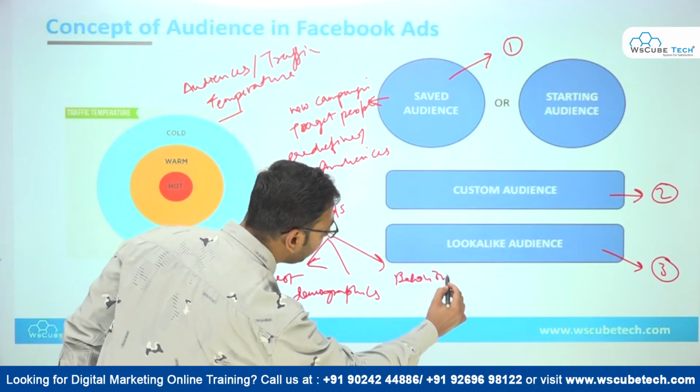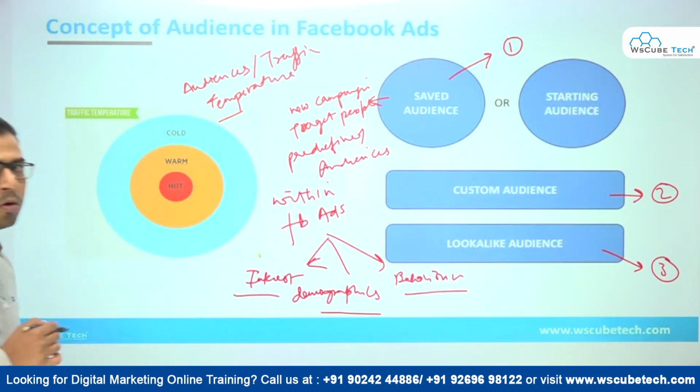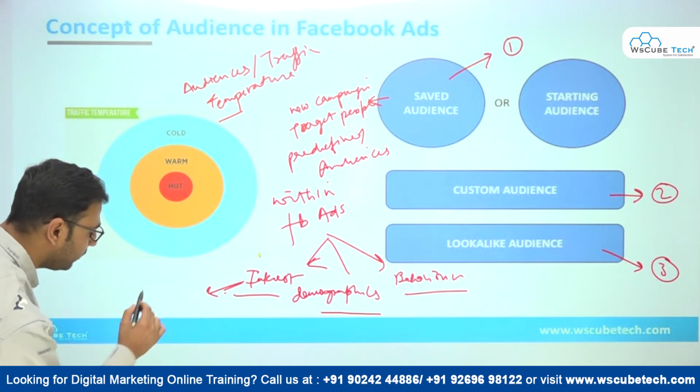So on these three parameters, you can simply go ahead and select the different audience. Facebook knows about different people who have interest in digital marketing.